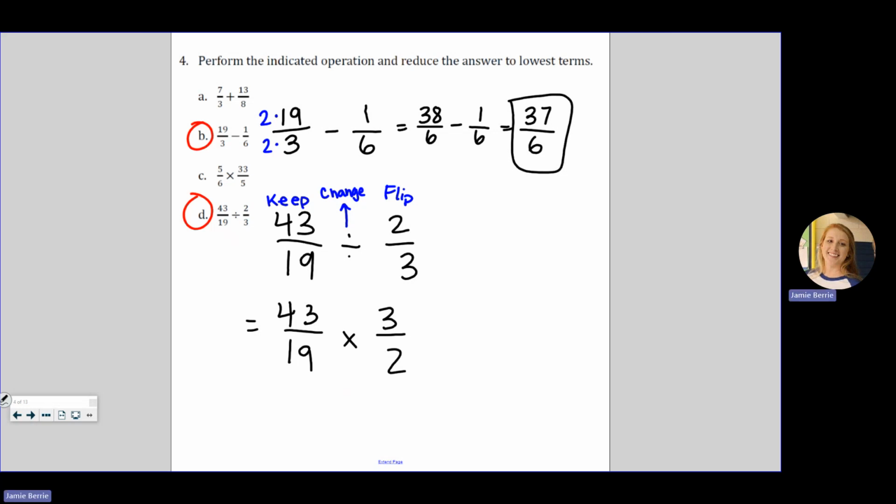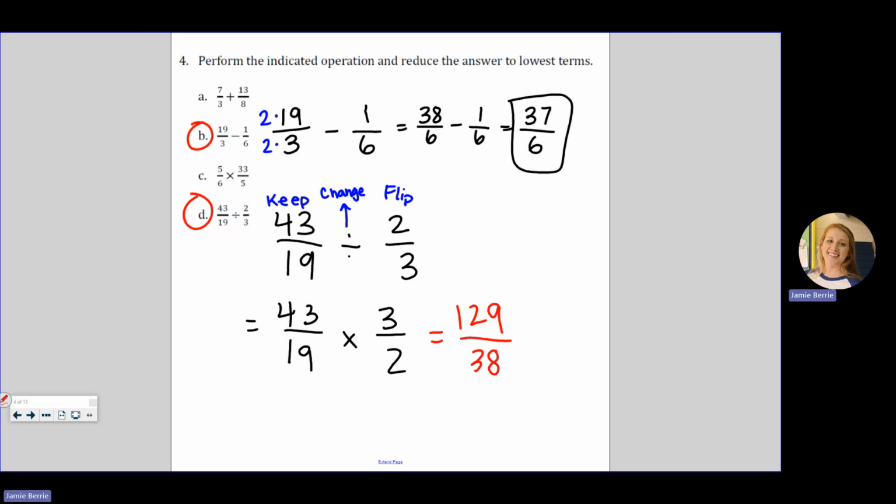All right, so now with multiplication, you're just going to multiply across the top, multiply across the bottom. So 43 times 3 is 129. Yes. 19 times 2 is 38. It does want us to reduce to lowest terms, so I'm just going to grab my calculator and see if anything goes into both of those.